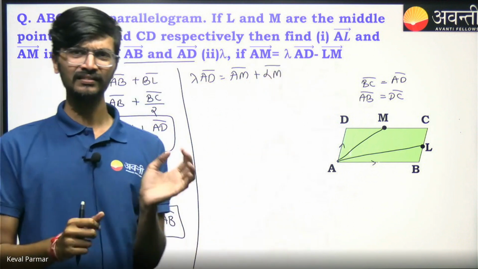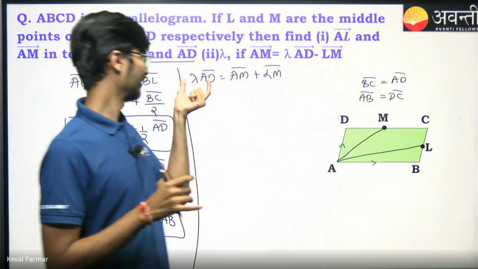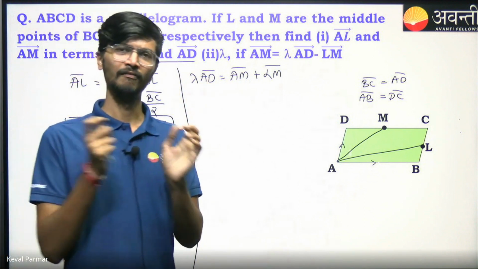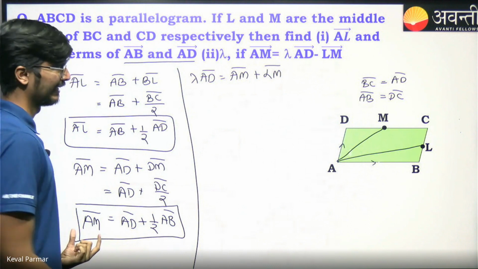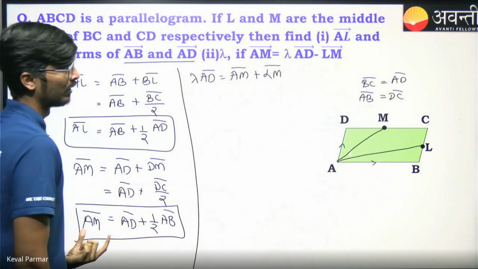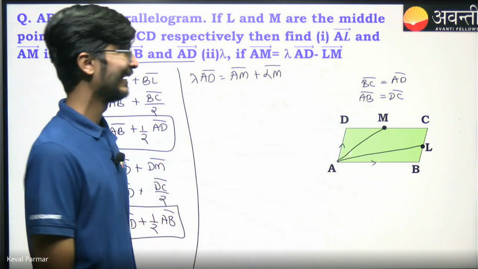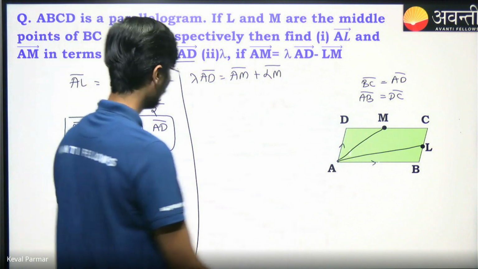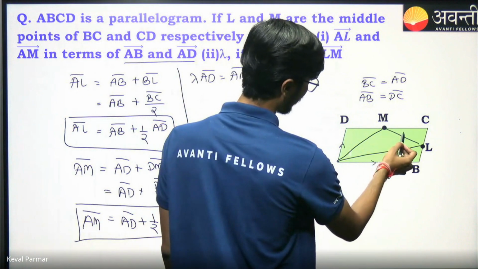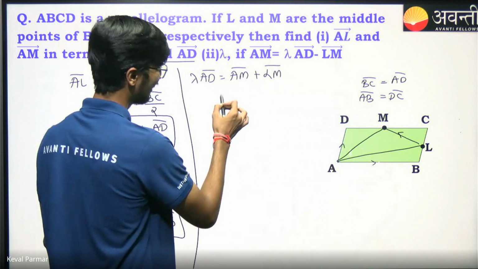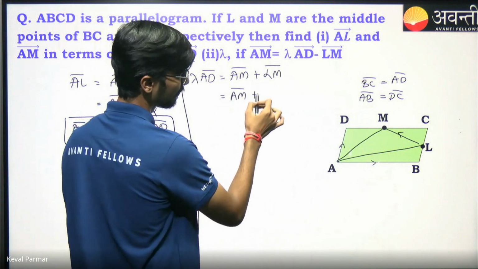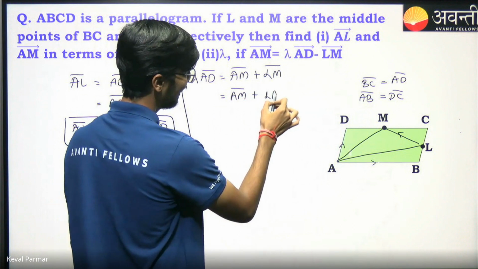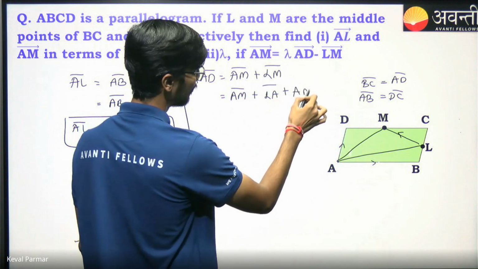I just rearranged this and got lambda AD bar on one side. Now let's see what is AM bar. We already have AM bar, but we don't have LM bar. So from here, as you can see, I can write LM bar as LA bar plus AM bar.